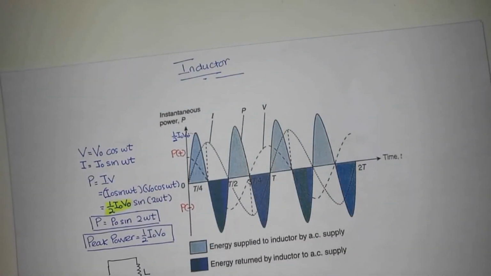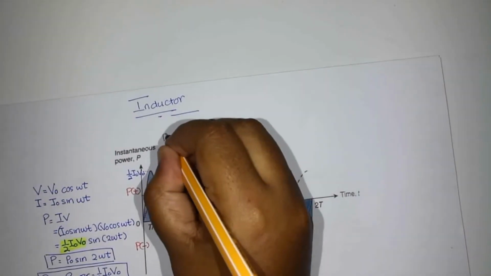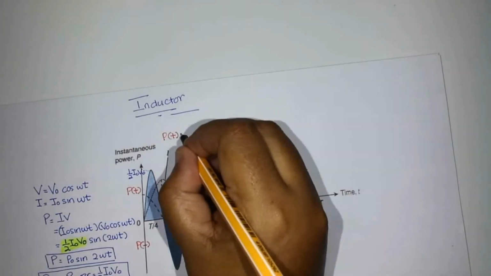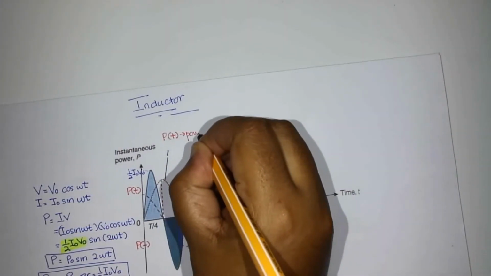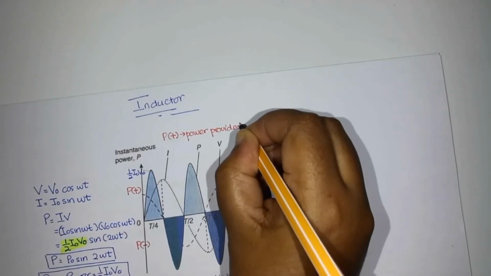Now positive power, I'm going to write down here. Positive power means power is provided by the AC.